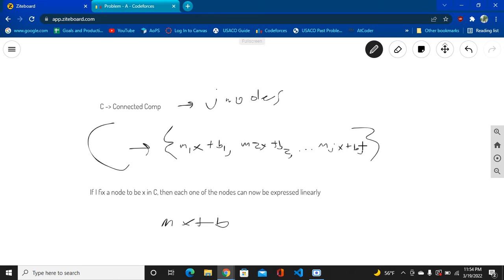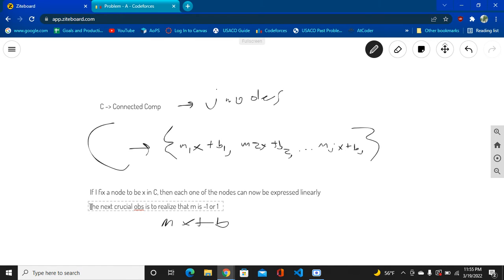Then the next crucial observation is to realize that m is in the set of -1 or 1.